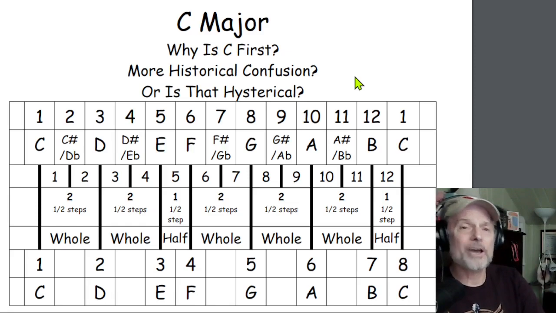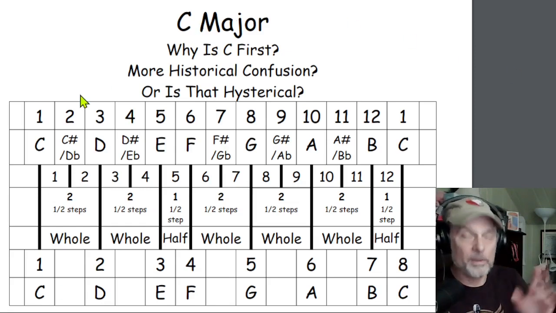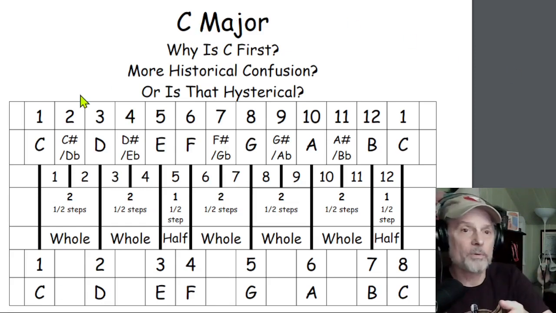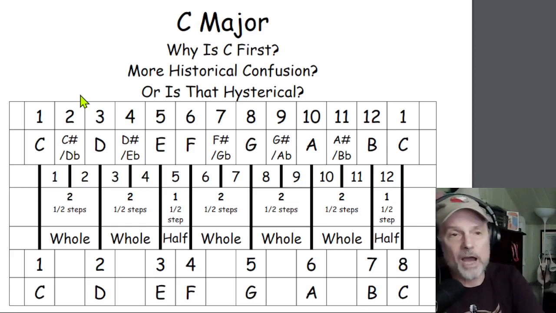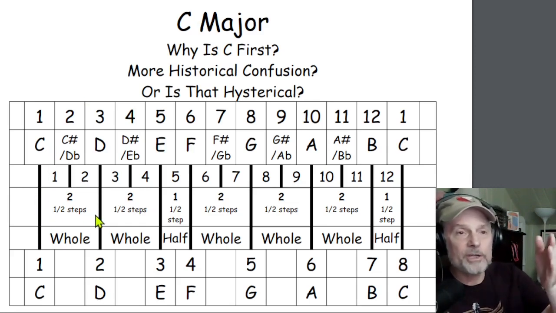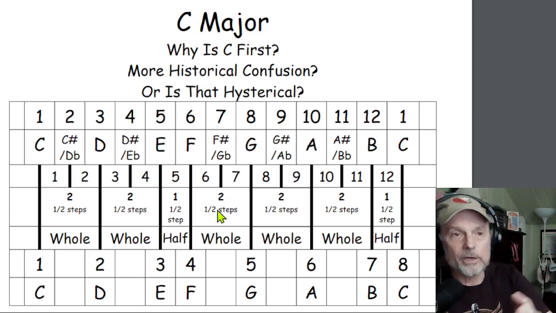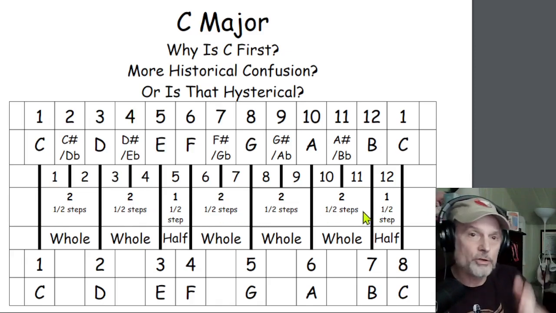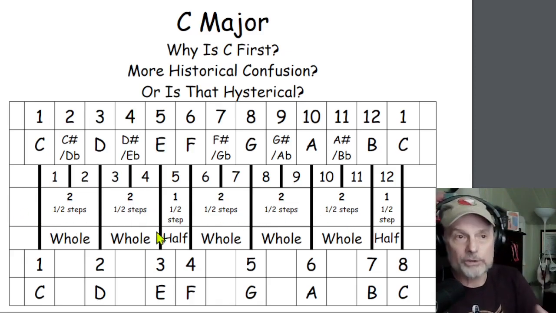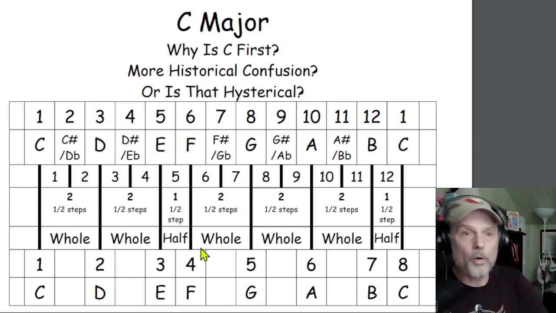It's that they had already named the notes when this was set up as we're seeing it. The octave and these intermediate harmonious notes and the major scale, the whole, half, whole, half. 2, 2, 1, 2, 2, 2, 1 half steps.